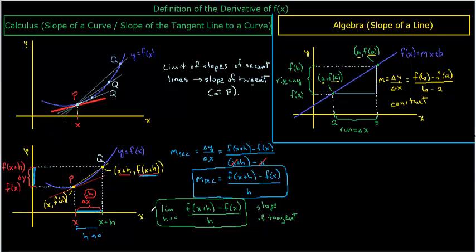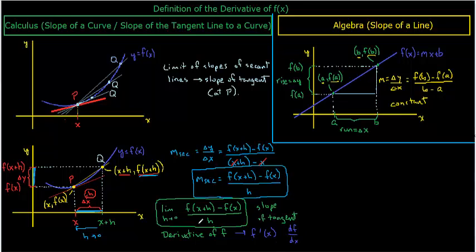But mathematically, we define this also as the derivative of f. And there's a special notation for it. The derivative of f we can write as f prime of x. Sometimes you might see it as df over dx, which is read df of dx.